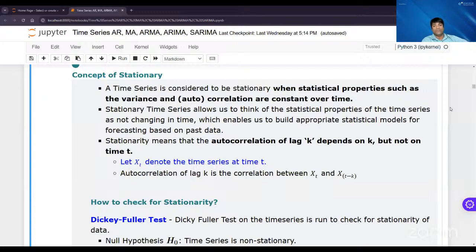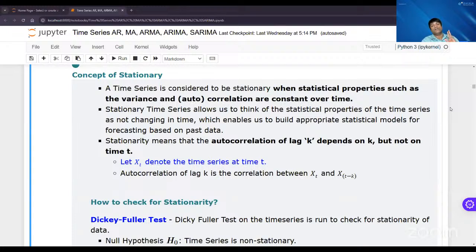Now, when we talk about stationary, there are two important things: strict stationary and weak stationary. Strict means the distribution of the data has to be very strong, or it should follow a distribution, so that we are following it very strictly. The names themselves tell strict and weak. A little more leniency is given in the weak stationary part.